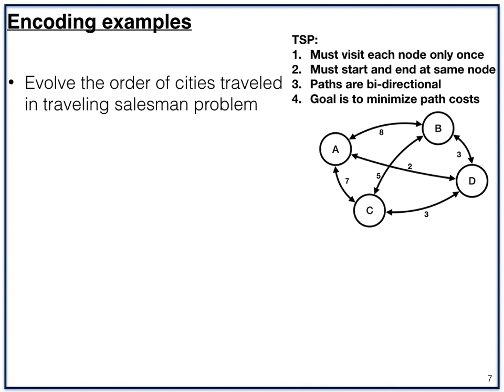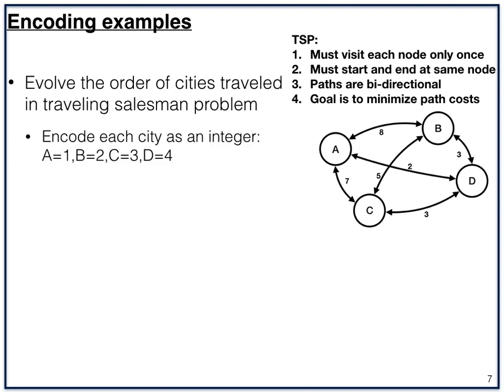So one way to get a genetic algorithm to solve this task is to encode it the same way we did the maze task, where we just have a list of cities that we visit, and so we're just evolving the ordering of that list. And same thing we did for the directions, the city labels can just be turned into numbers.